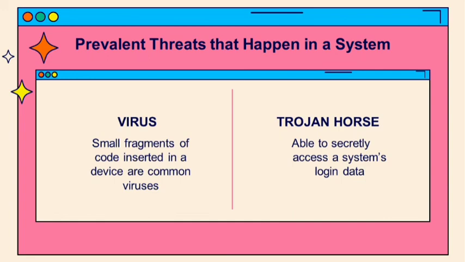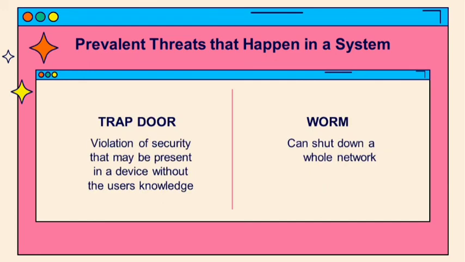Second is Trojan horse. A Trojan horse is able to secretly access a system's logged-in data. This can then be used by a malicious user to access the system as a harmless being and wreak havoc. Third is a trapdoor. A trapdoor is a violation of security that may be present in a device without the user's knowledge.